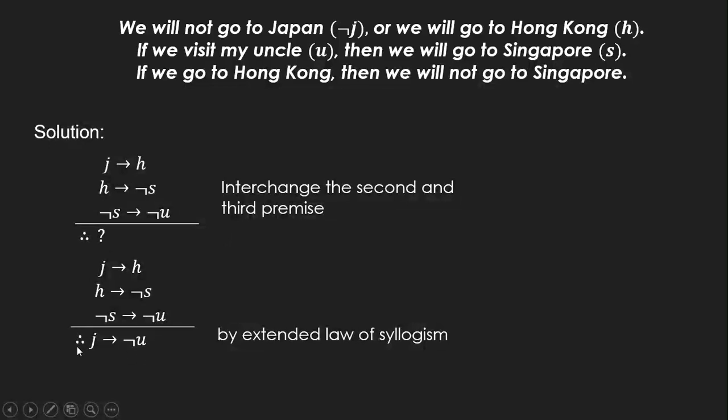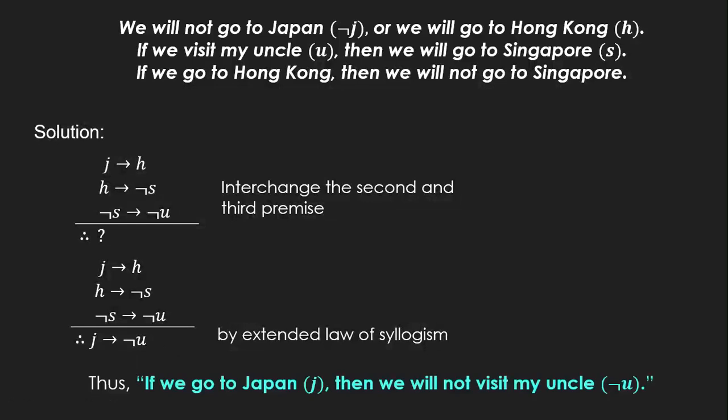And if we write it into an English sentence, our valid conclusion will be, if we go to Japan, that is statement J, then, now recall na we are using the conditional here, if we go to Japan, then we will not visit my uncle. That is the negation of statement U.